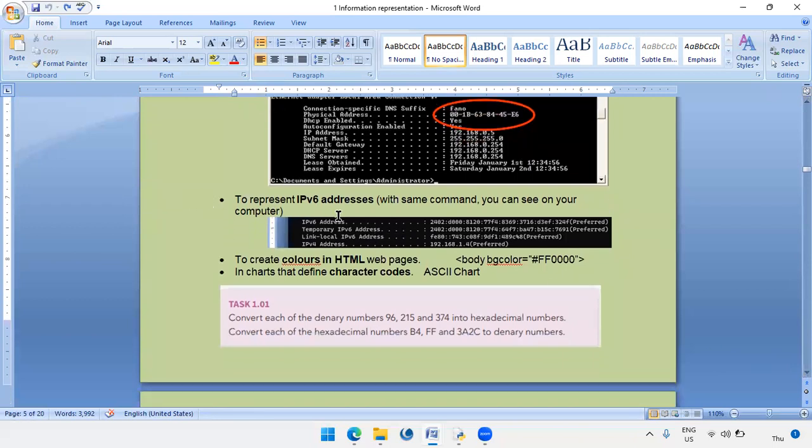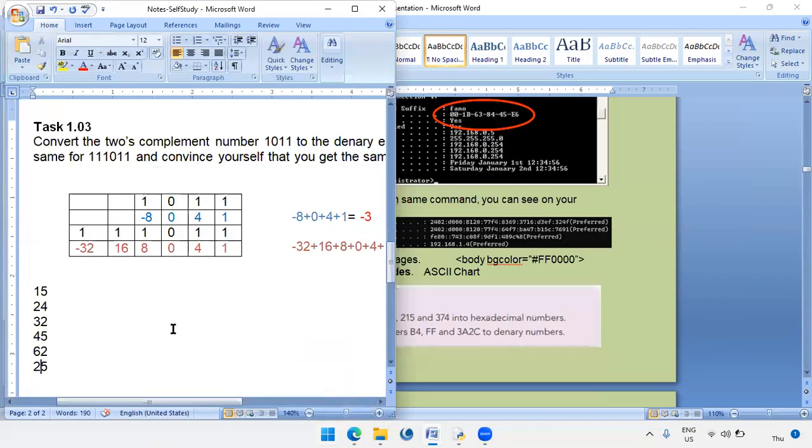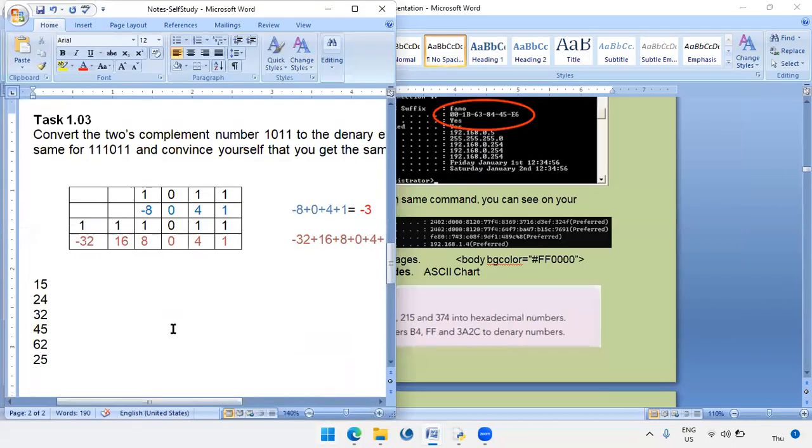Then to represent IPv6 addresses. IPv4 only we are using at the moment. An example is like 198.245.100.10. You may have seen IP addresses like this. These are IPv4 addresses.